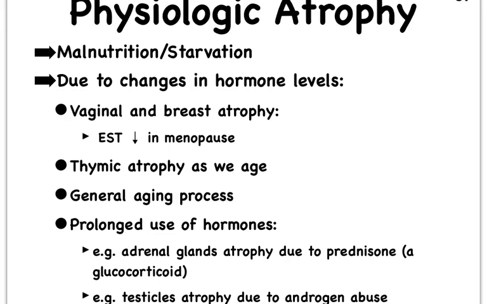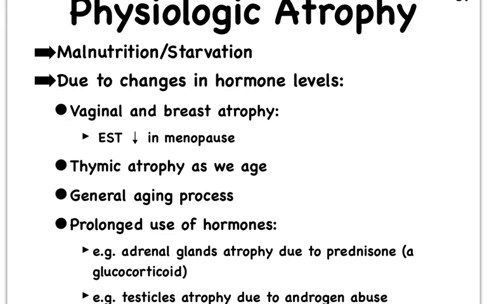Now, we also see physiological atrophy as a consequence of abusing hormones or prolonged use of hormones. So, for instance, men who abuse steroids, here it says androgen abuse, basically steroids, might see a significant decrease in the size of their testicles, right?